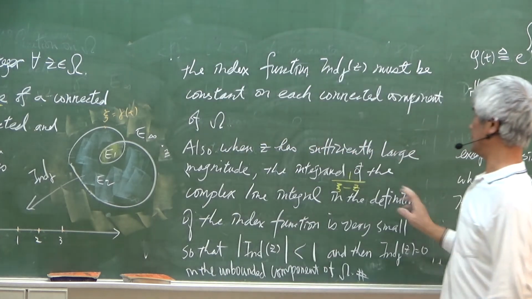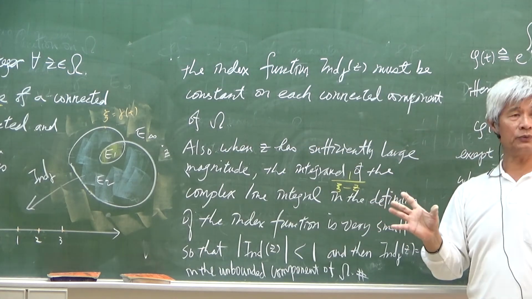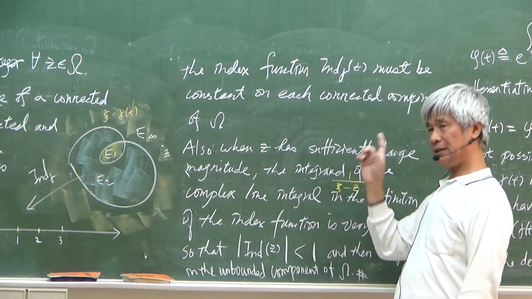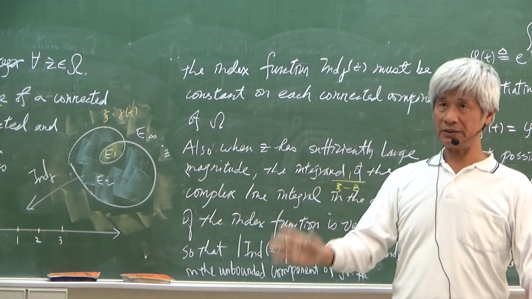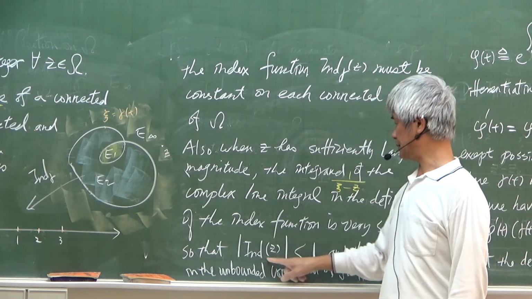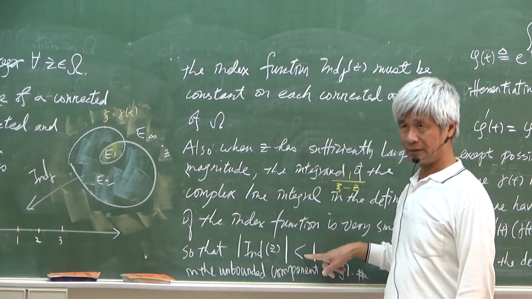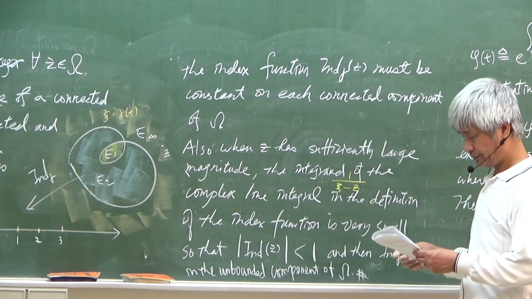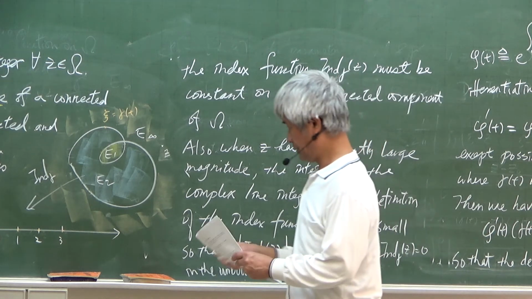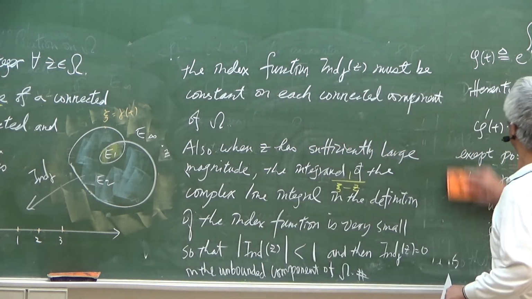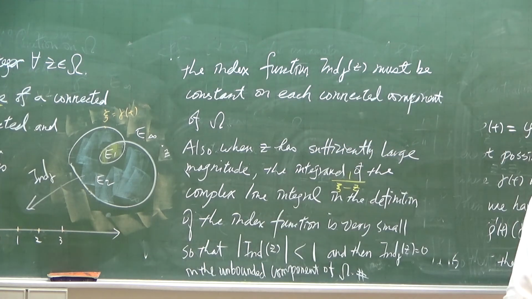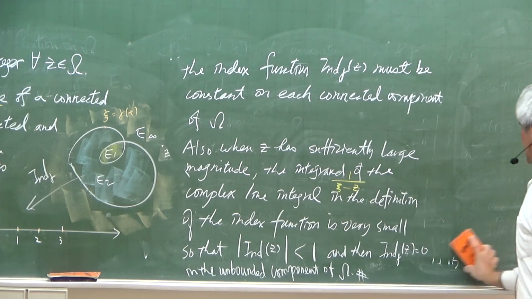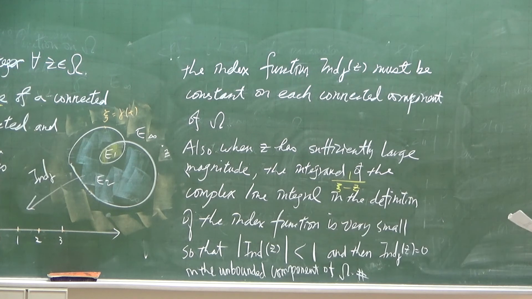The integrand becomes very small, as small as possible, and so the line integral is very small, in particular less than 1. And so you can see that the index is 0. So this is a proof of the winding number, or the index of the winding number.